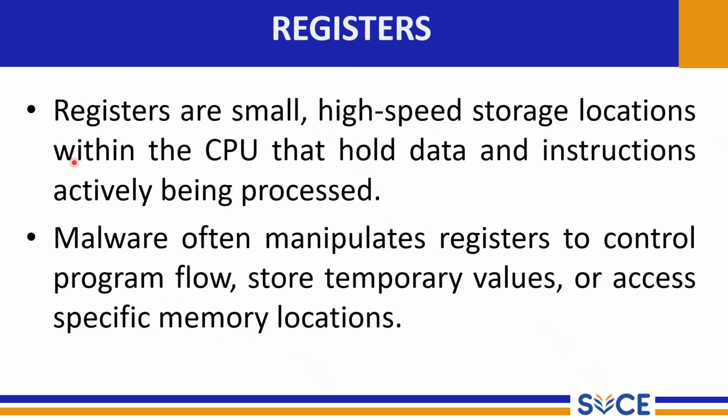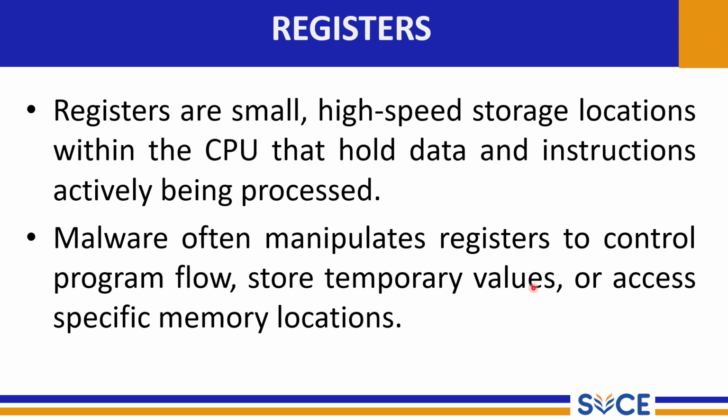So the first topic is registers. Registers are small high-speed storage locations within the CPU that hold the data and instructions actively being processed. Malware often manipulates registers to control the program flow, store temporary values, or access specific memory locations.